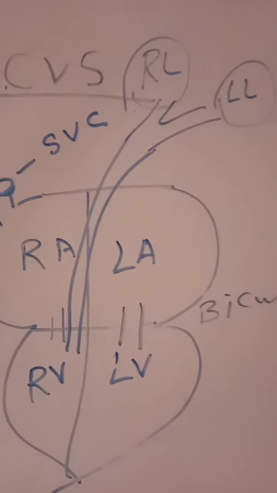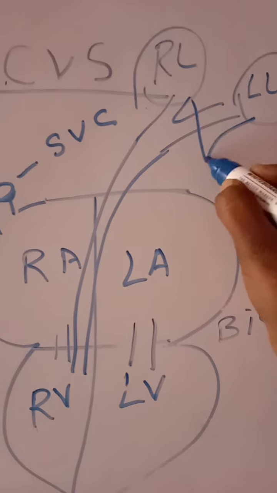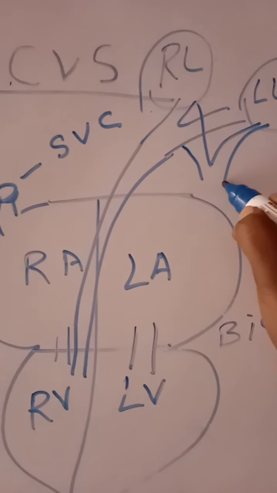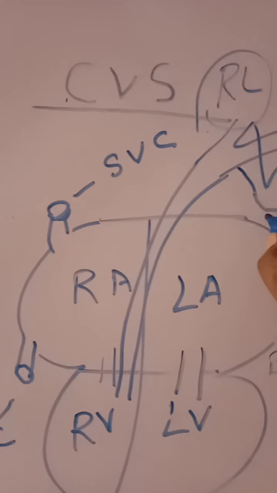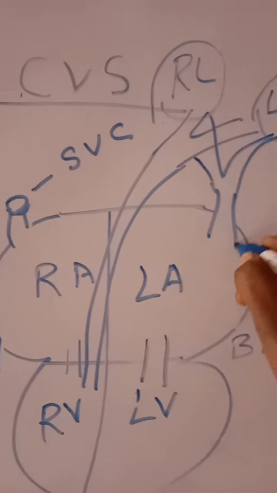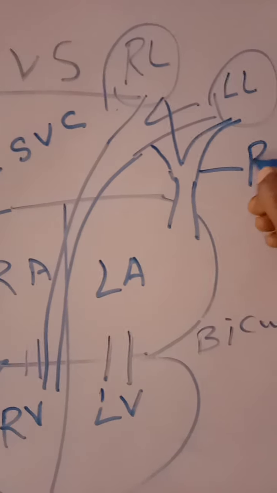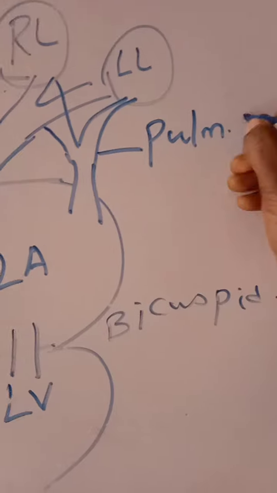Now from the right lung and the left lung, the oxygenated blood will reach the left atrium through the pulmonary veins.